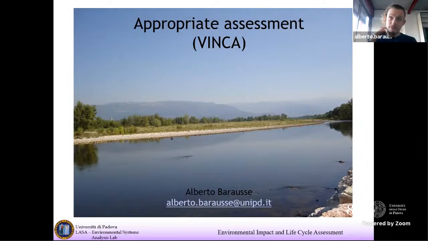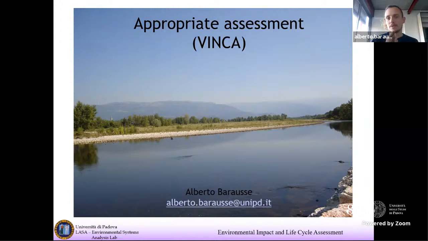The topic is appropriate assessment. In Italian, it is called valutazione di incidenza, which is a very common authorization procedure that professionals such as engineers, but not only engineers, prepare and undergo when working with, as we'll see, plans or projects.